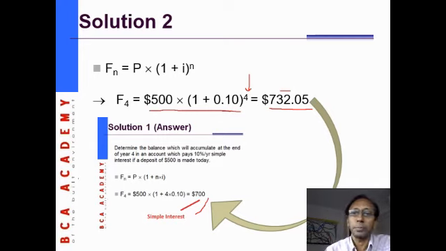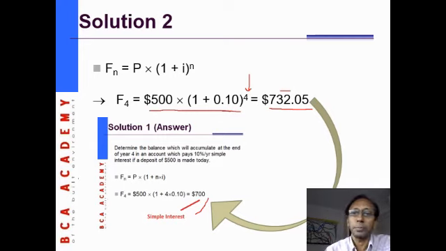In this particular appendix, we have solved this equation and put it in this format: F pipe P comma I comma N, and this is for single sum cash flow. This is a summary of many other series. So you go to the single sum tabulation and look at the factors.